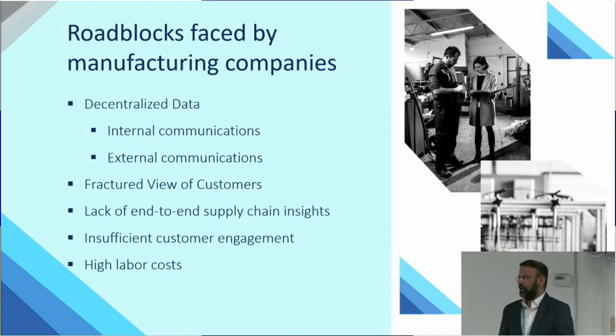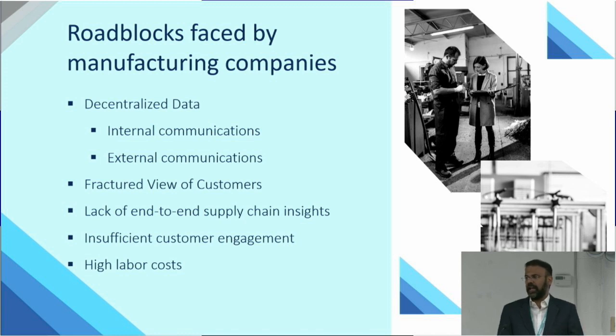And most important for companies, depending on your type of manufacturing, is to have insights into your supply chain. So firstly, from the procurement side, to have a robust MRP process is very important.